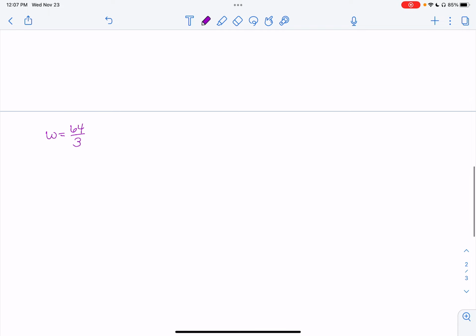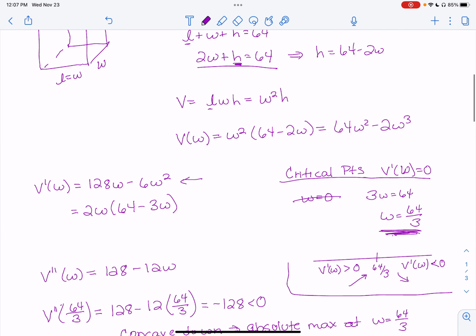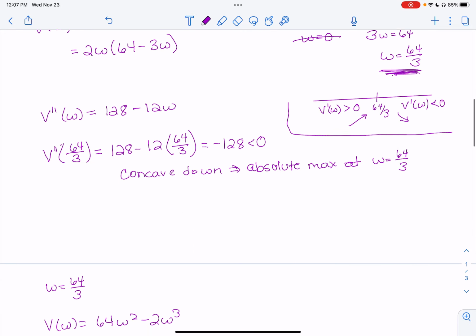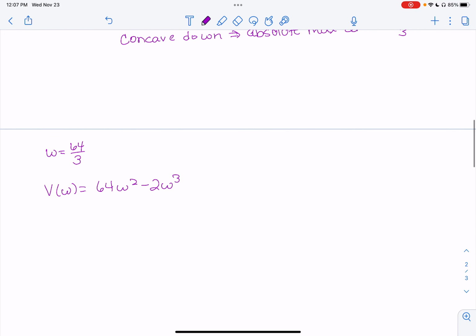So remember, I want to make sure I go back to my first equation. V of w was equal to 64w squared minus 2w cubed. I'm going back to that very first equation to find my maximum volume. So my max volume is going to be at V of 64 thirds.